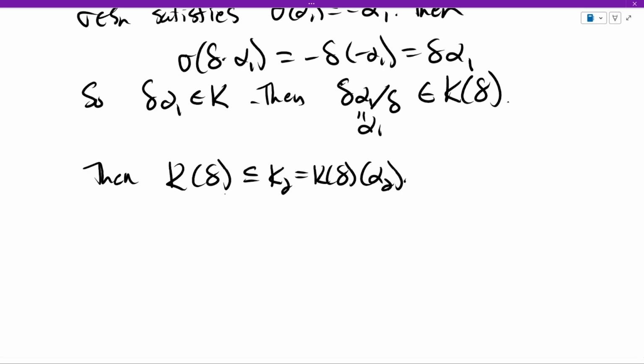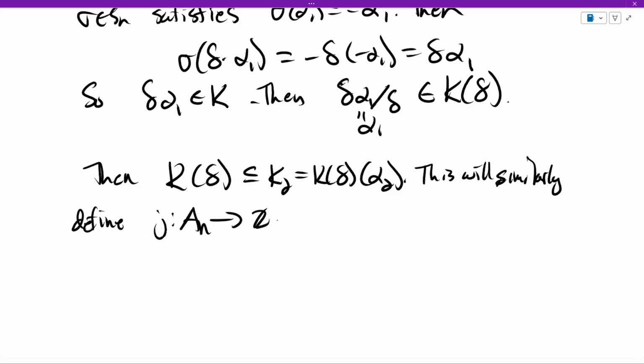Okay. Now, similarly to how we've argued, adding in alpha 2 is going to define for us a homomorphism An to Z mod p with p prime. Okay. So An is going to act on alpha 2, and it's going to have to send it to a pth root of alpha 2 squared, or alpha 2 to the p, right? Just like in the previous argument.